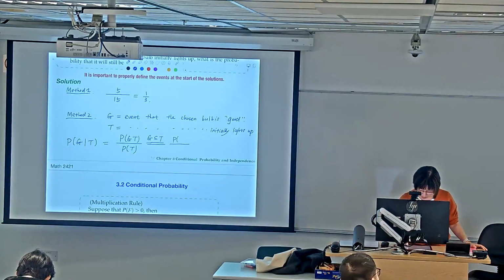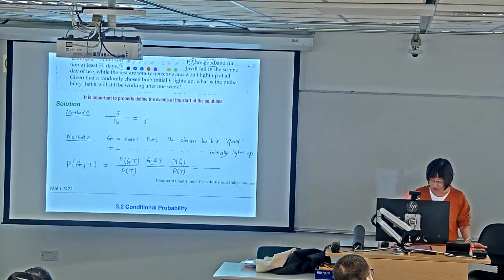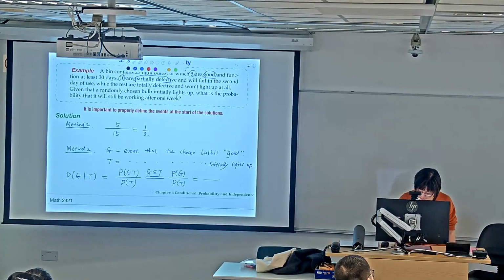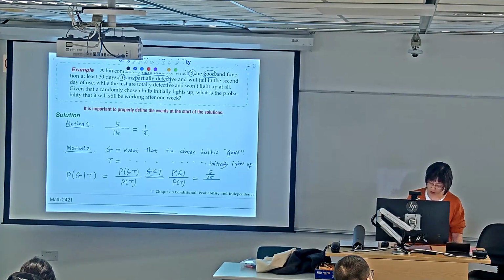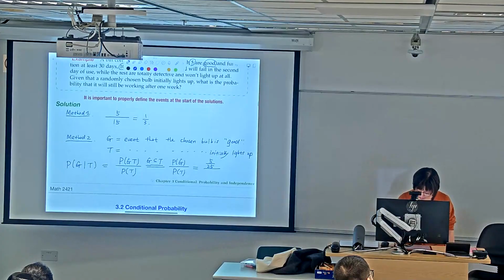This is P of G divided by P of T. And the probability of good bulbs: there are 5 out of 25 good bulbs. And the probability that it initially lights up includes the good and partially defective ones, so there are 15 out of 25. You can see it's the same.